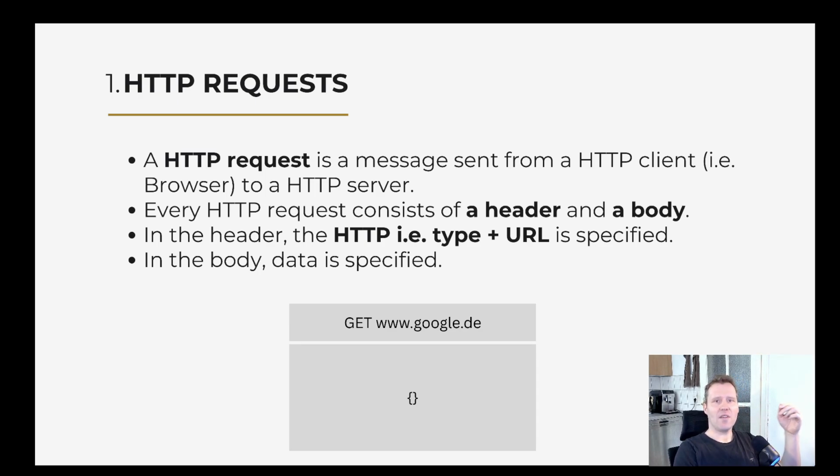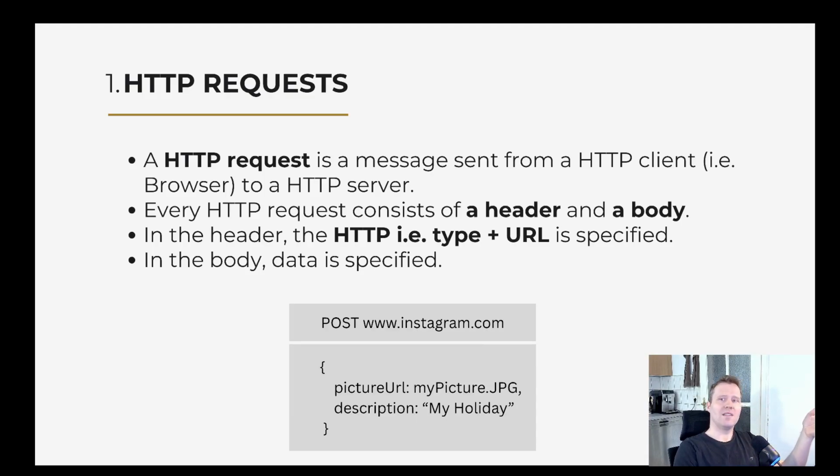Another example is, for example, when you go to Instagram and you post something, then the actual HTTP request type is called POST. The URL is www.instagram.com, and the body consists of certain details about your post. For example, the address of your JPEG file and your description.